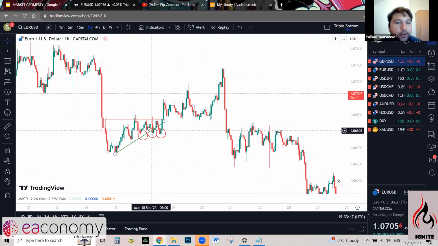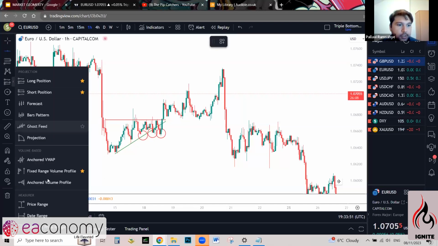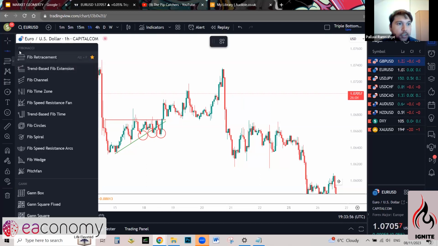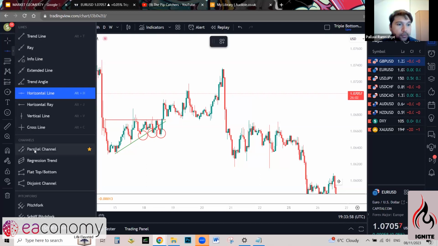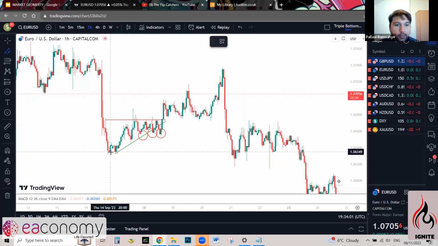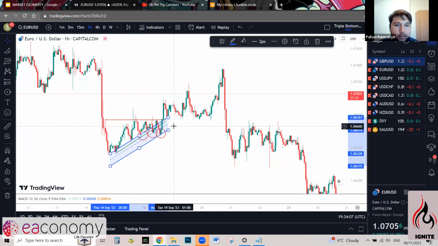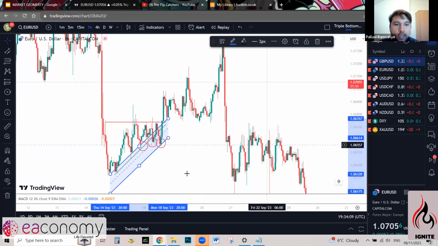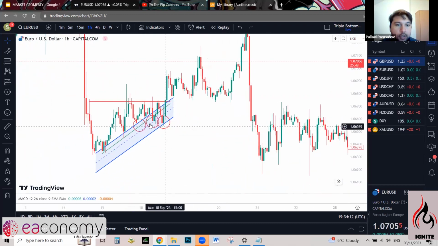this is not valid. So if you're looking at it as a zone, so let's say, for example, let me just draw up a zone. So I need the parallel channel. So if I was to draw up a zone from here to here, you still have that loss of momentum here, right?